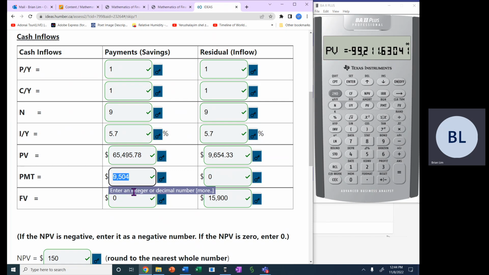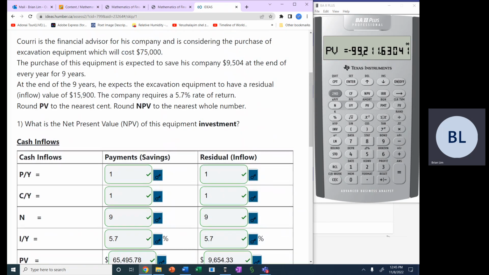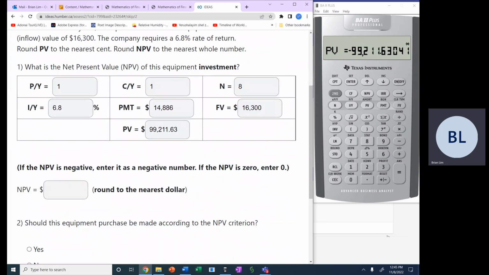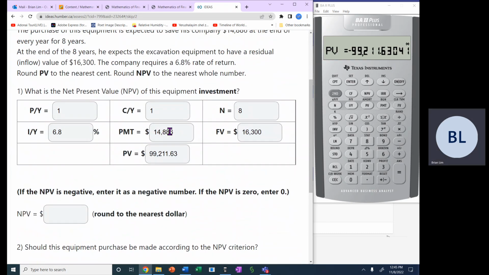In one calculation there was 0 for the future value, and in the other calculation there is the future value or the residual value. Now this has been moved over here and there is just one set of calculations for this question. The payment is there, the future value is there, and there is the present value. So we don't have to do a sum anymore.